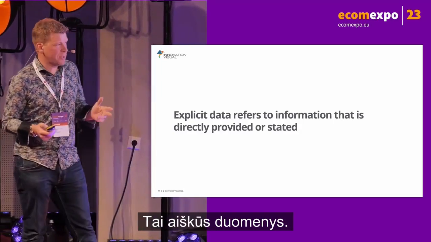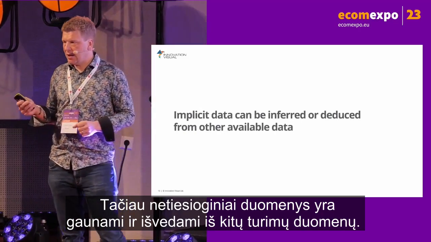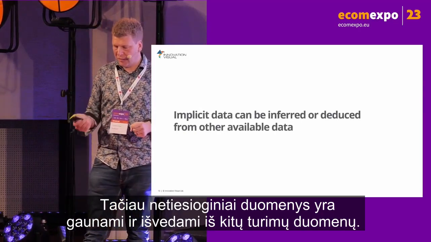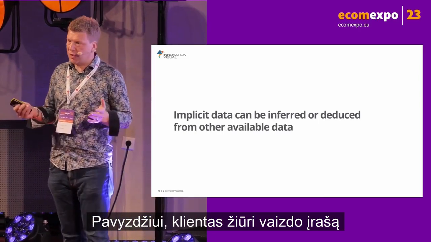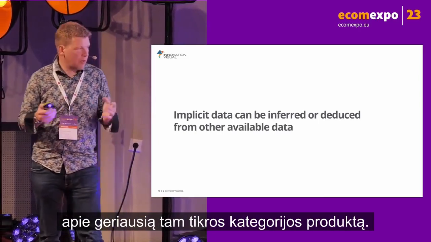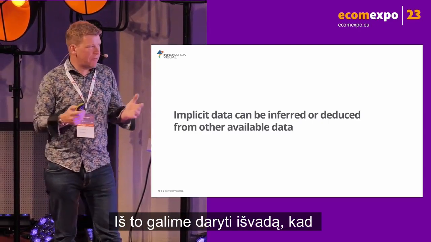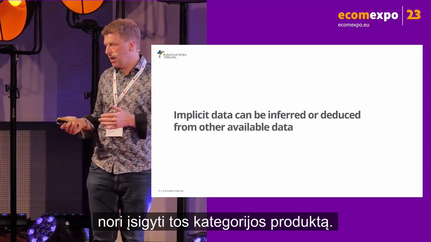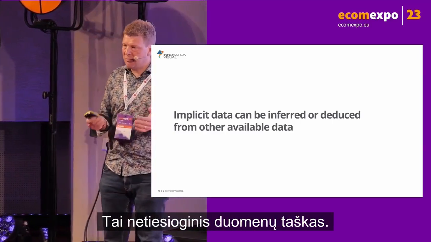This is explicit data. But implicit data is inferred or deduced from other available data. So an example of this is maybe a customer watches a video on what's the best product in a particular category. We can infer from that they are interested in buying a product within that category. So that is an implicit data point.